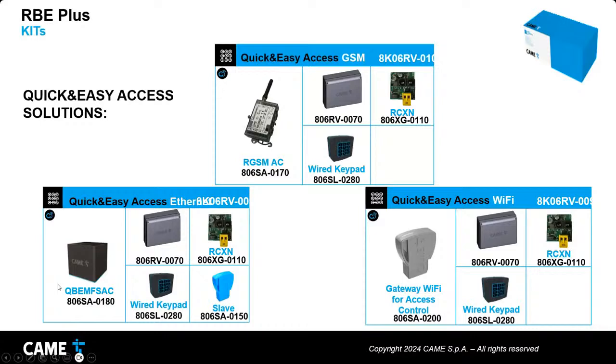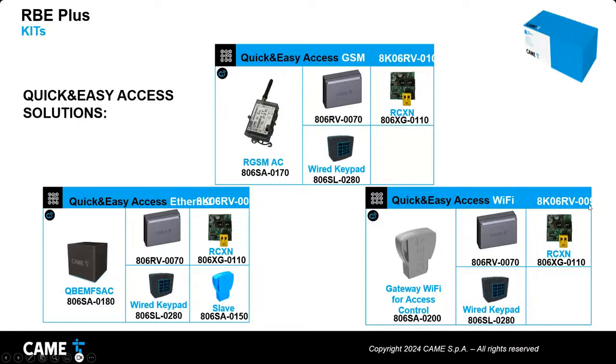Sorry, there is a mismatch on the labels. The kit that has the Quick&Easy with the radio slave module is 8K06RV008, and the Wi-Fi one has code 8K06RV009.